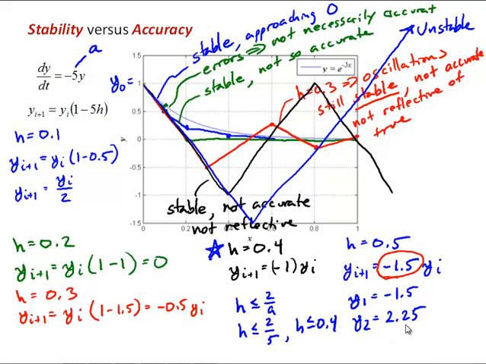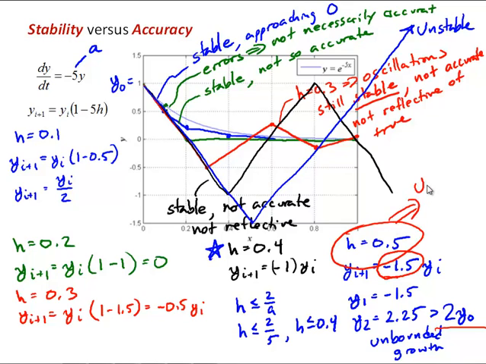By our second time step, our numerical value y2 is already greater than twice our initial condition. So this would be unbounded growth of the error, in a way that the error in the solution is overwhelming the solution itself. So that h equals 0.5 case is our unstable case, and any larger values of h are just going to make this even worse.